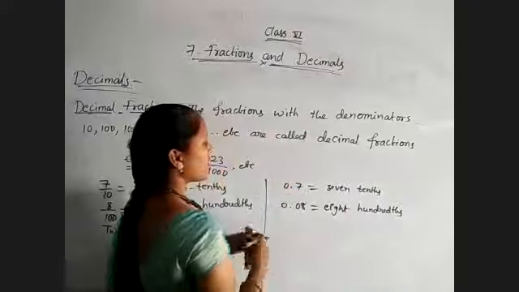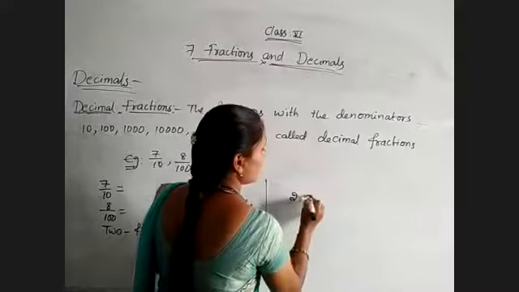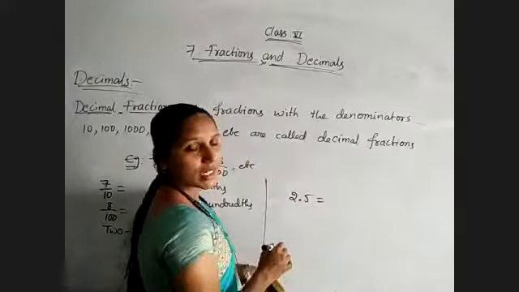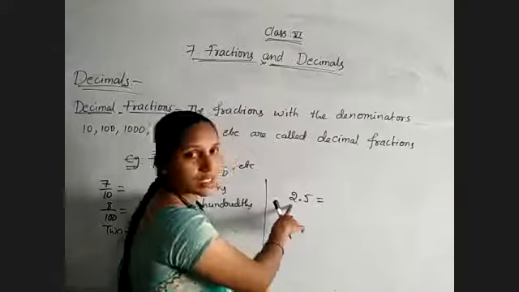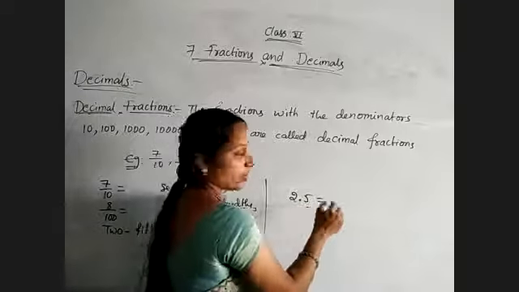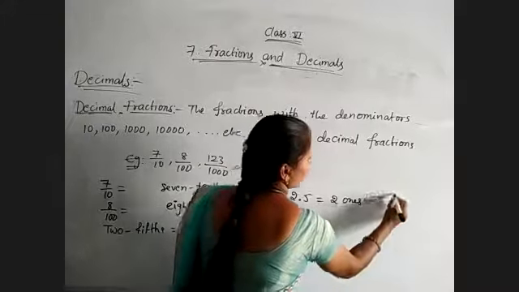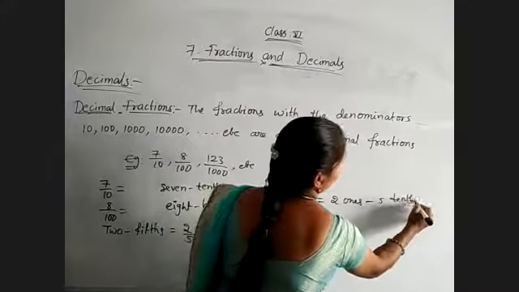Suppose I have a decimal number 2.5. How should I write that in words? 2 is in the ones place, 5 is in the tenths place after the decimal point. So 2 ones, 5 tenths in words.